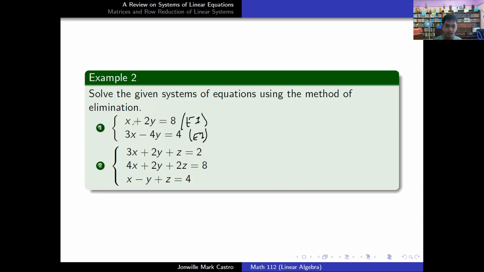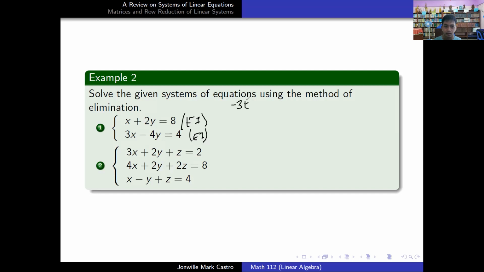So, kailangan yung coefficients ni x ay parehas or negative na isa. So, halimbawa kung ito si 3x, ang gusto ko dun sa kabila, either 3x siya or negative 3x. So, gagawin natin is, gagamitin natin elementary operations. So, we will multiply the first equation E1 by negative 3.